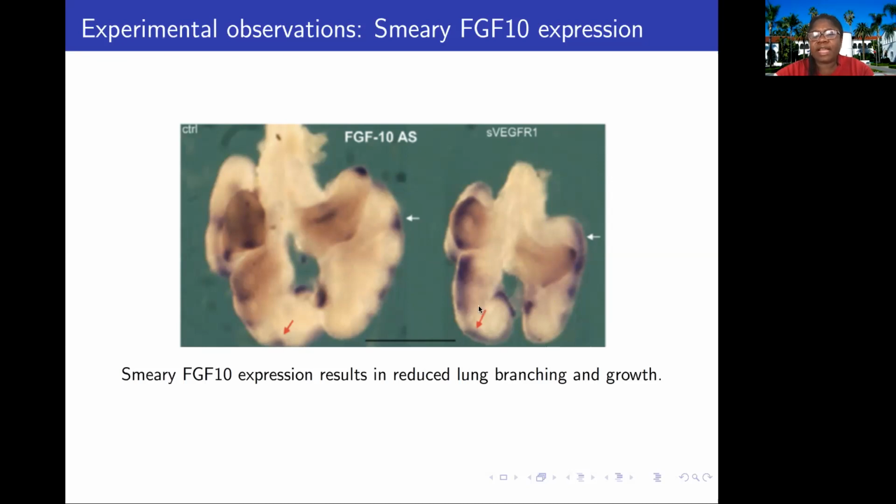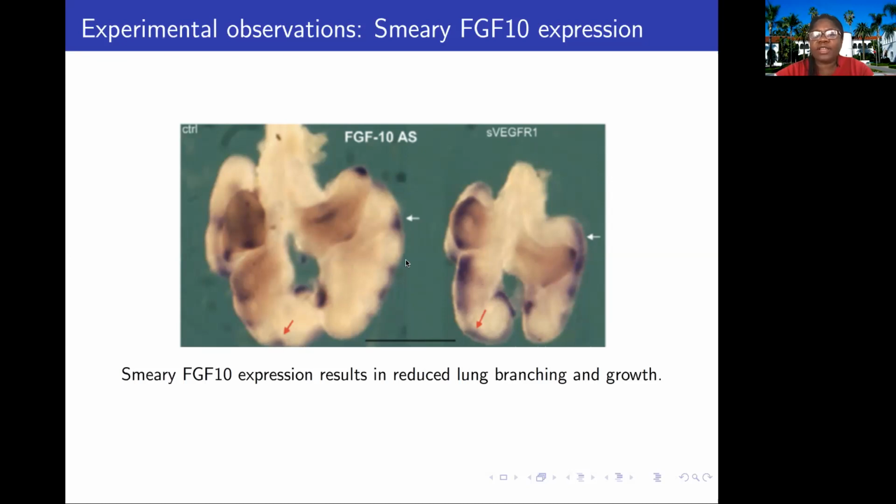The difference is that the one on the right has been manipulated in such a way that FGF10 expression is different. So just changing the expression of FGF10 affects lung branching, and you have reduced lung branching and growth.